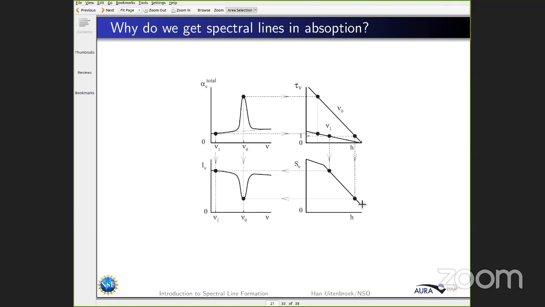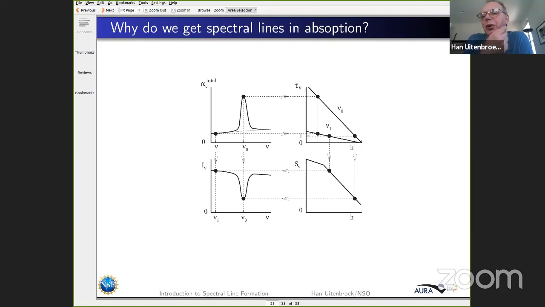Hi, Han, I have a question here. For sampling different heights of the atmosphere, you can use different lines or use the same line but a different position, the core versus the wing. Just wondering, for one particular line, what's the height change of the sampling from the core to the wing typically?